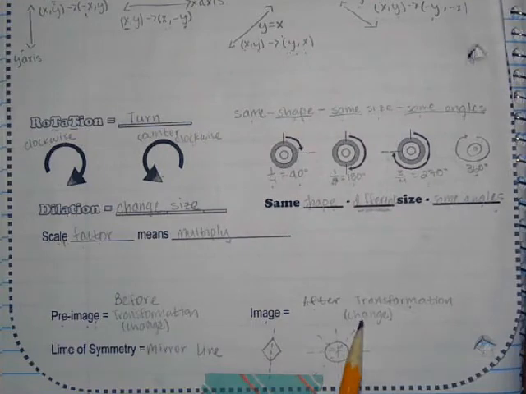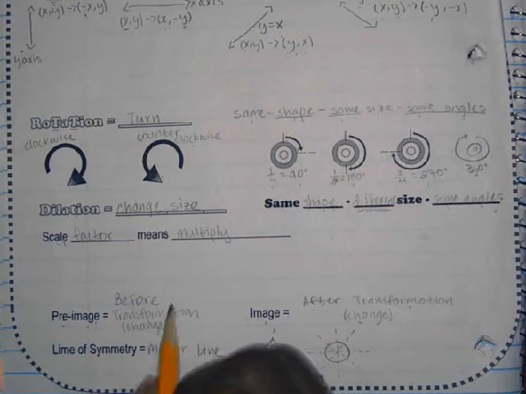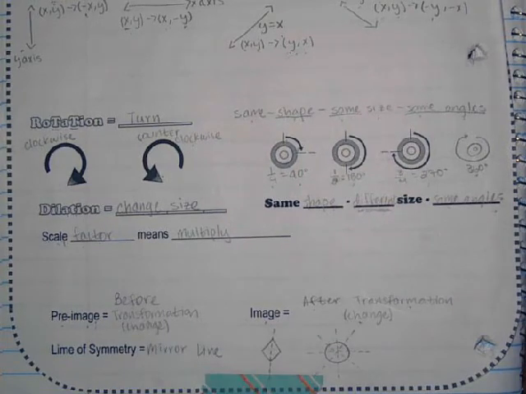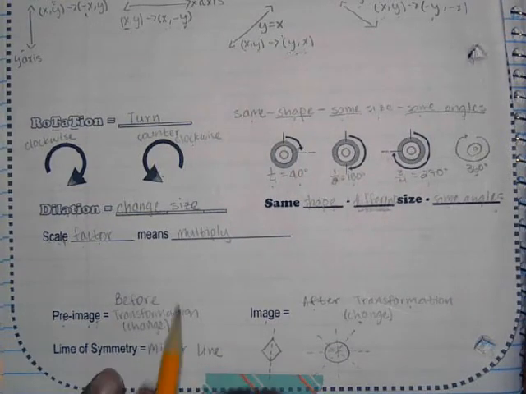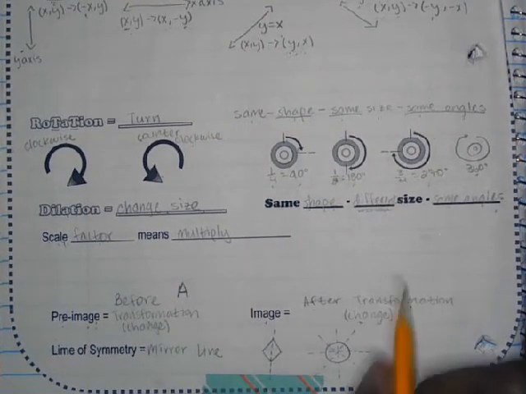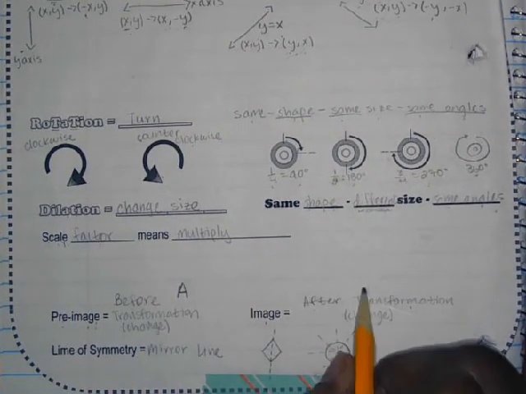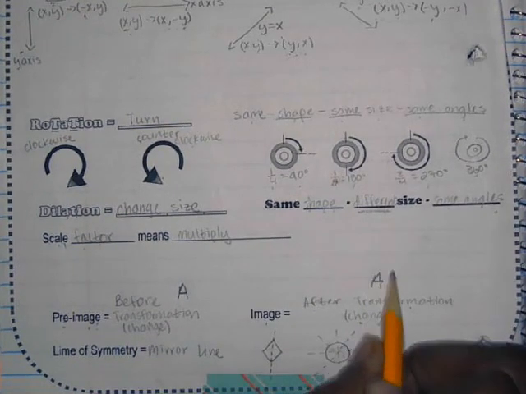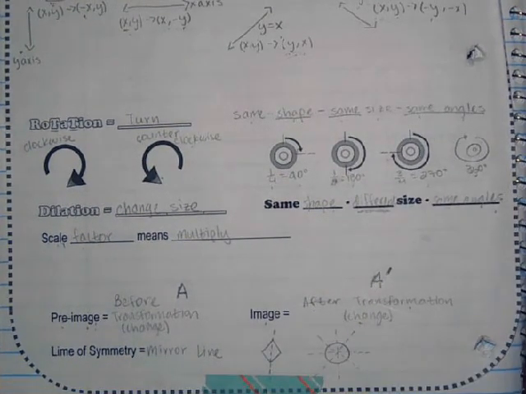It's the new picture. When we draw the new picture, we have a special notation we use. So the original image will have the letter A. That's the pre-image. But the image will have a notation called A prime.